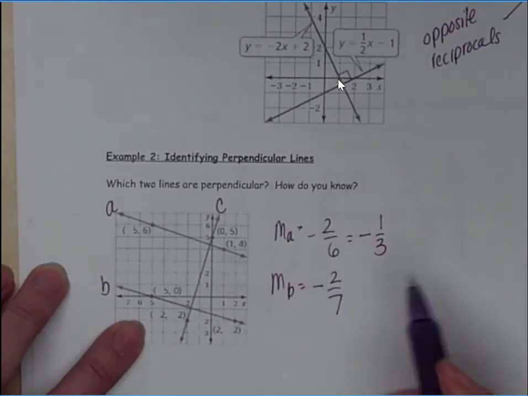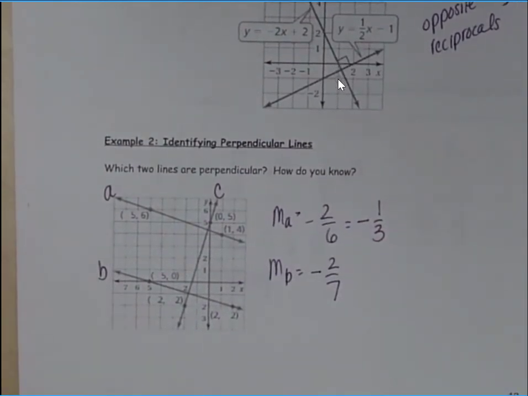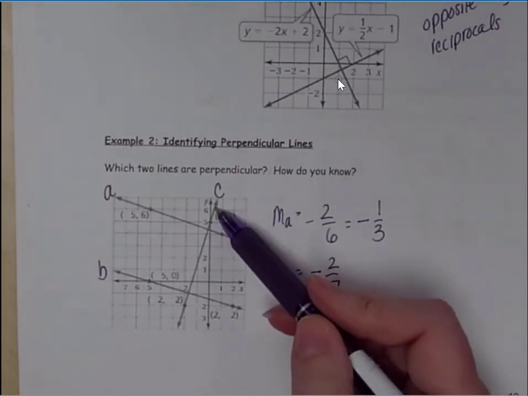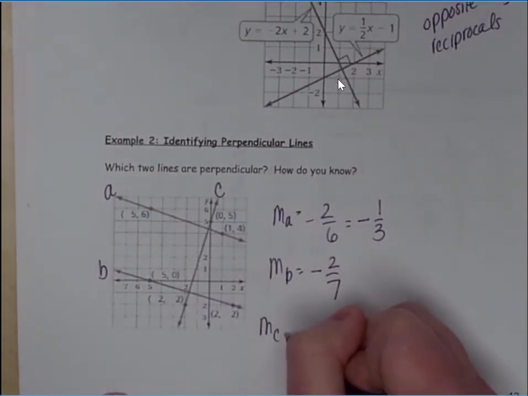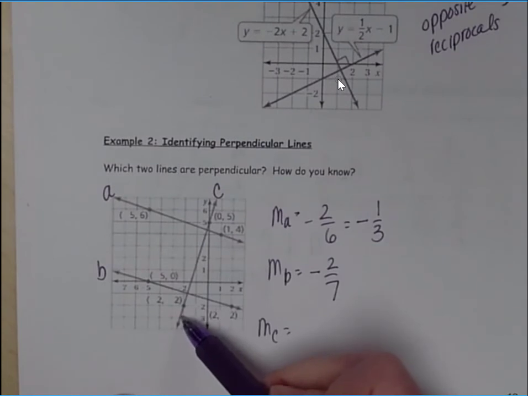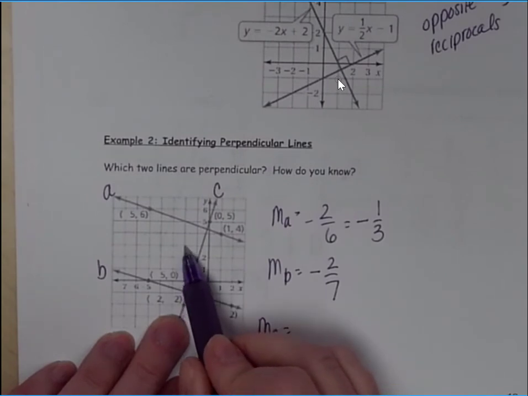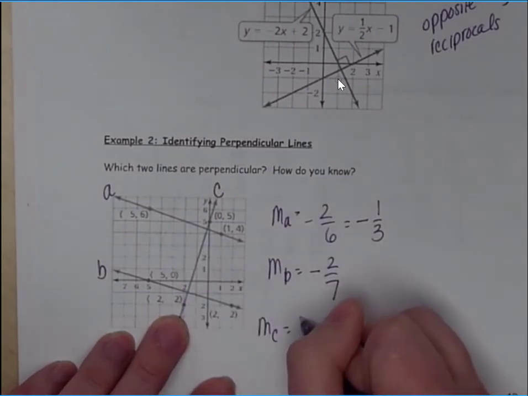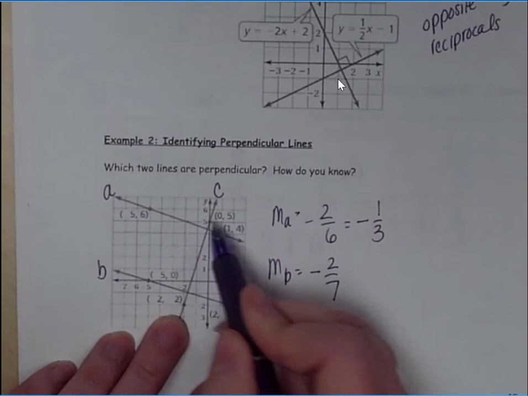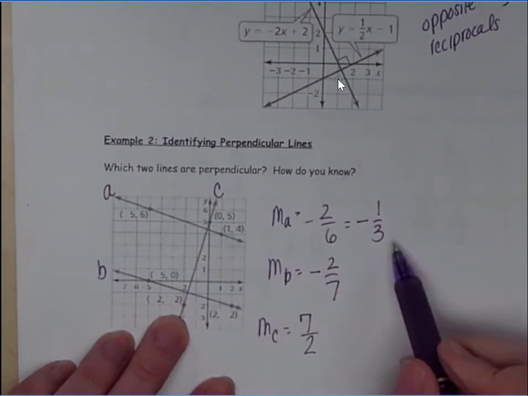Now, I know these two are not parallel because we do not have the same slope. So let's take a look at the slope of C. I need an opposite reciprocal here. So I'm going to start here. I'm going to go up 1, 2, 3, 4, 5, 6, 7, and over 1, 2.